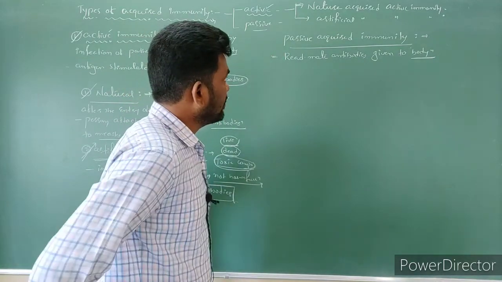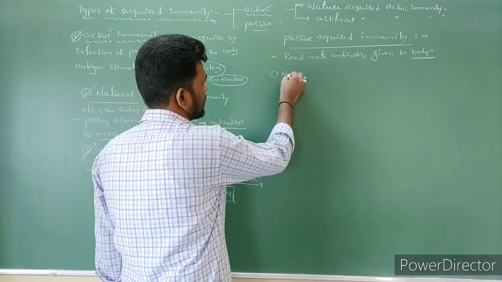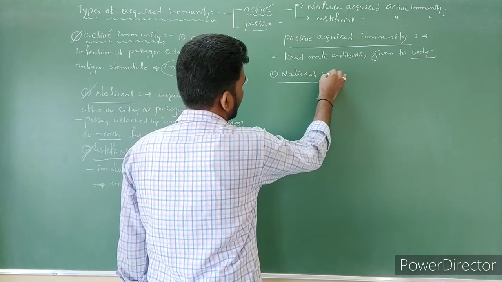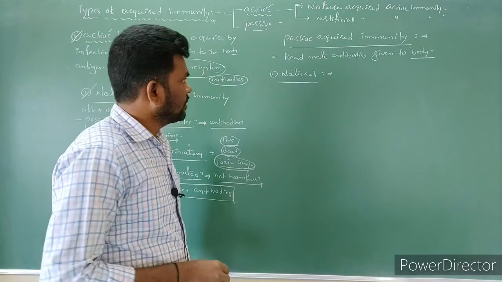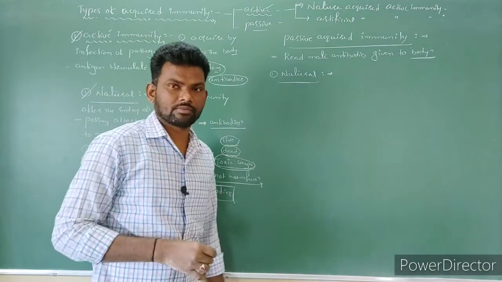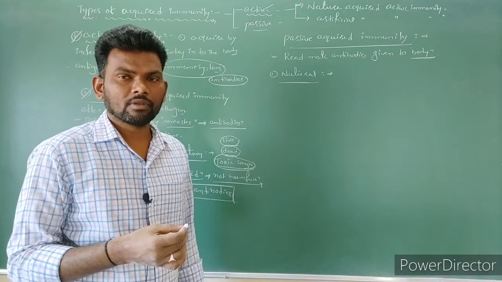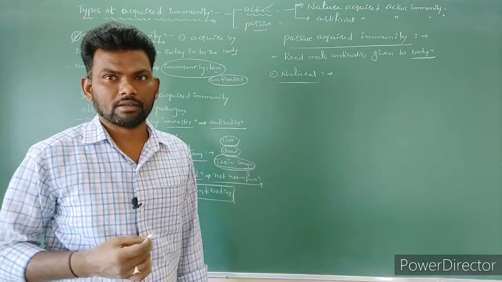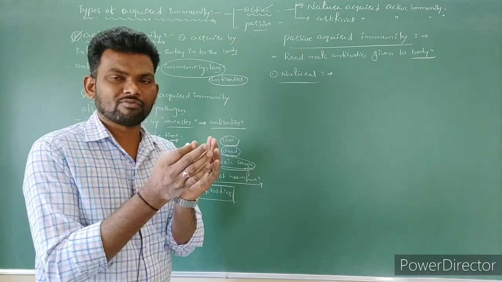This passive acquired immunity is again divided into two types. The first one is natural acquired passive immunity. The best example is, before the birth of the baby, some antibodies are transferred from mother to child, or mother to fetus, through the placenta.